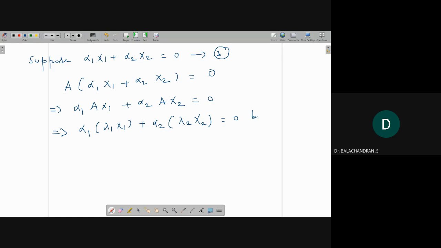Now I'm going to combine the constants: alpha 1 lambda 1 into x1 plus alpha 2 lambda 2 into x2 is equal to 0. This is equation number 4. So now I am going to multiply equation 3 by lambda 1.